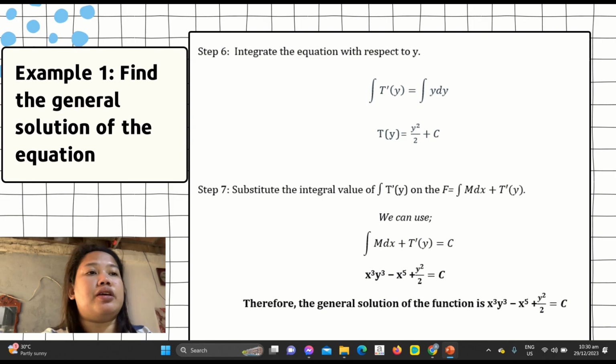Since we already solved this one, the integral of m dx is equal to x cubed y cubed minus x raised to the power of 5 plus the integral of our t prime of y, which is on step 6, y squared over 2 plus c. And our final answer would be the general solution, which would be the function x cubed y cubed minus x raised to the power of 5 plus y squared over 2 equals c.